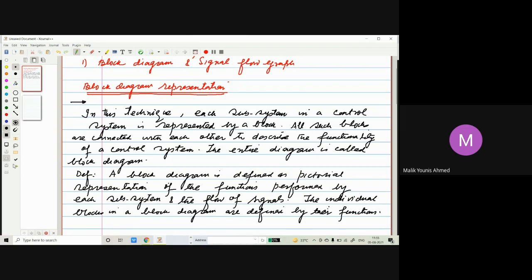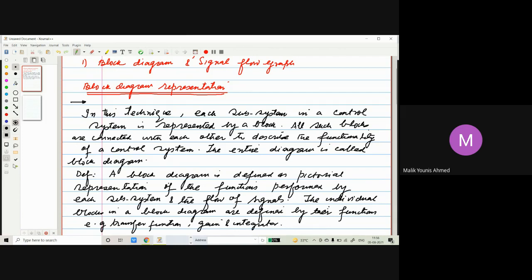For example, an individual block can have a transfer function, or it can have an integrator, it can have a gain, and so on. So many things can be there. So that will define an individual block.